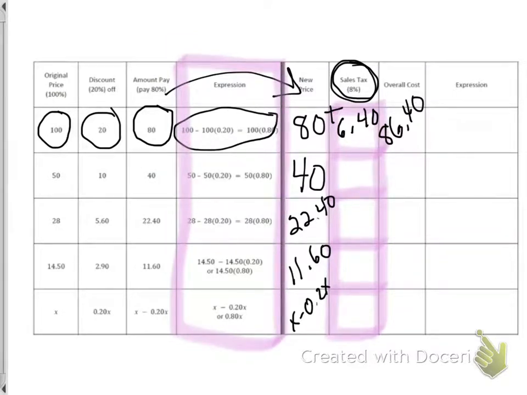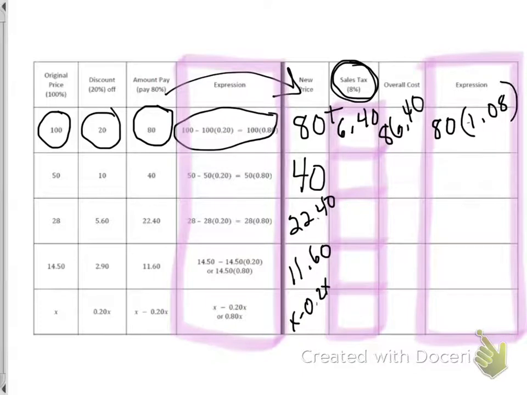I'm going to ignore that one for now, and the other one too. But over here, the way we figure this out is we multiply our new price by 1.08. So it's going to be 80 times 1.08.